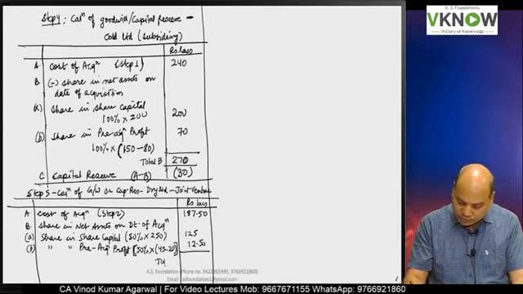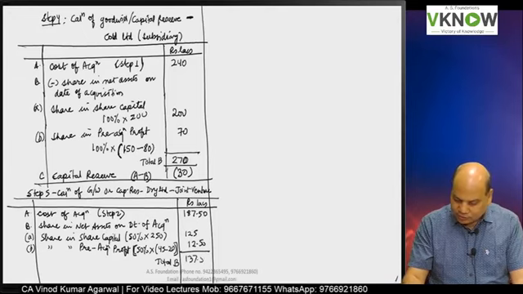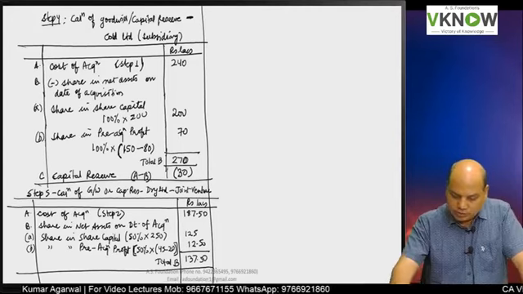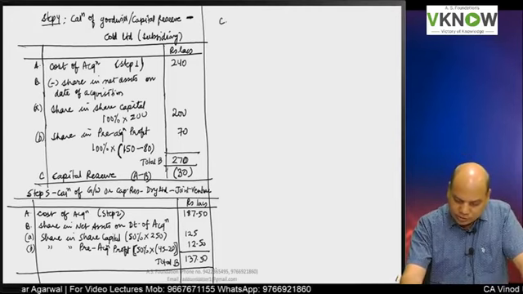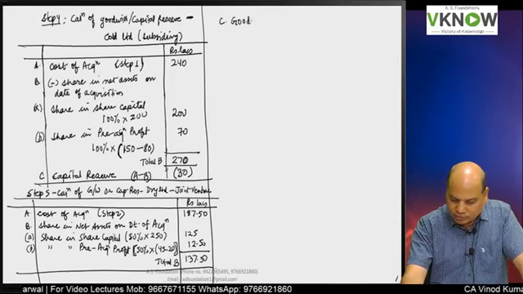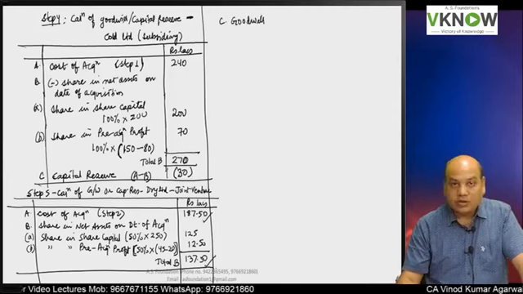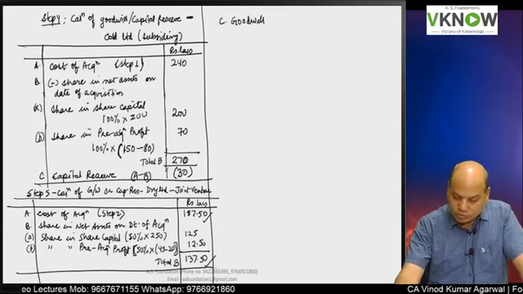Total B is 137.5. Below that write down point number C, it's not over, goodwill. 187.5 minus 137.5, so you will get goodwill 50 lakh.